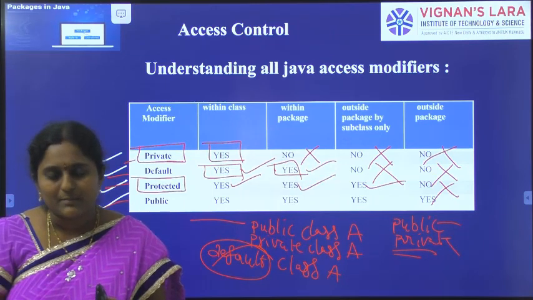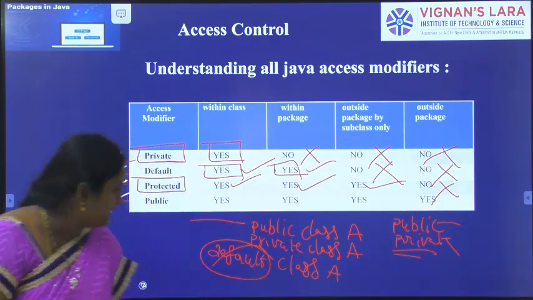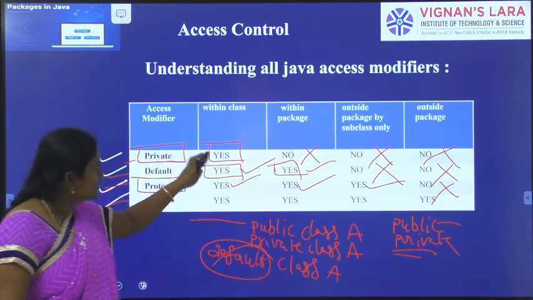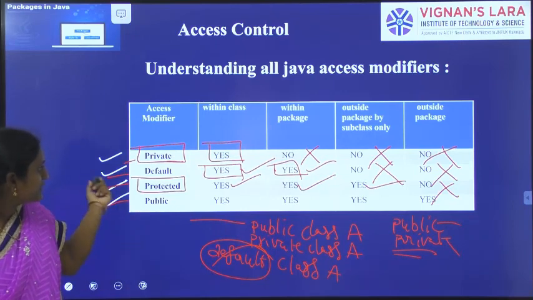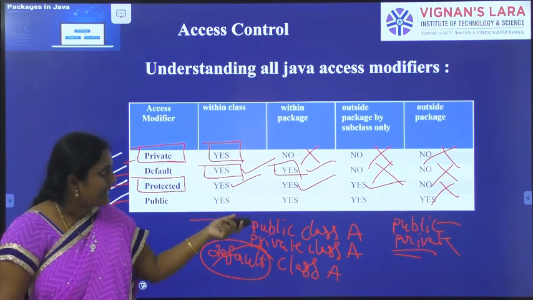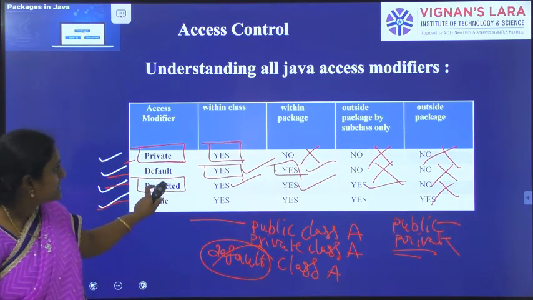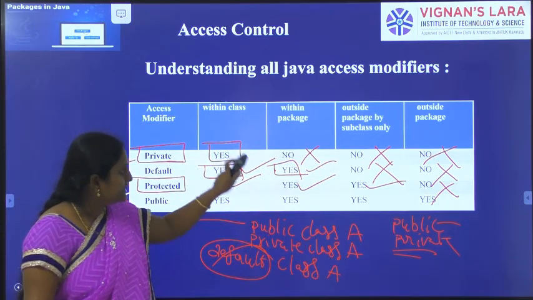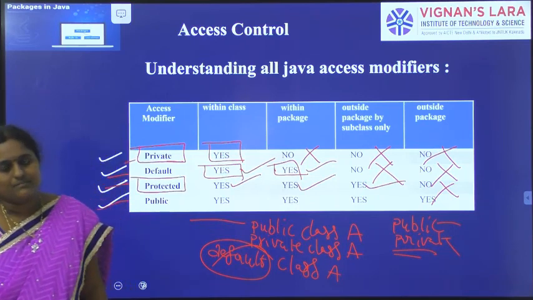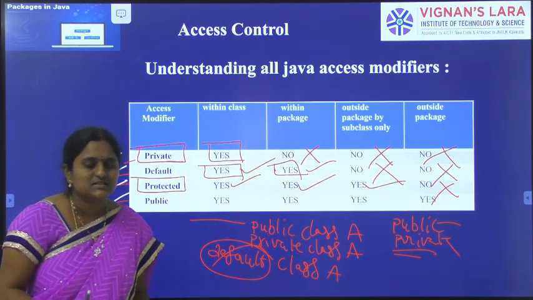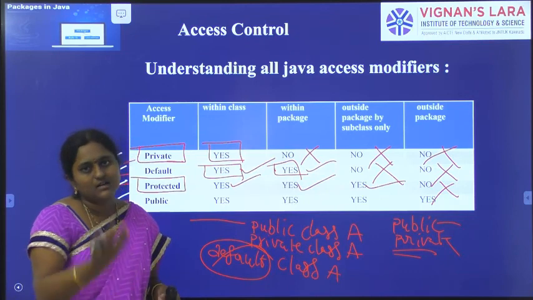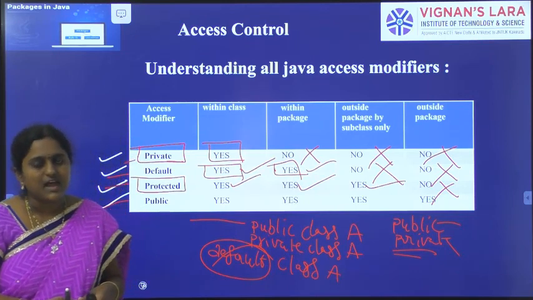Suppose any variable is defined as public, it can be accessed anywhere. Private means only within the class we can access it. Protected means within the class, within the package, and outside the package by subclass only. Default means only within the class and within the package we can access it. So it varies on the access modifiers.